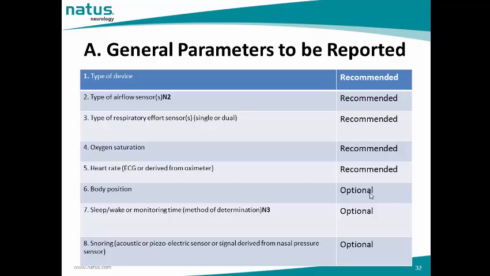Also, optionally, snoring should be monitored.